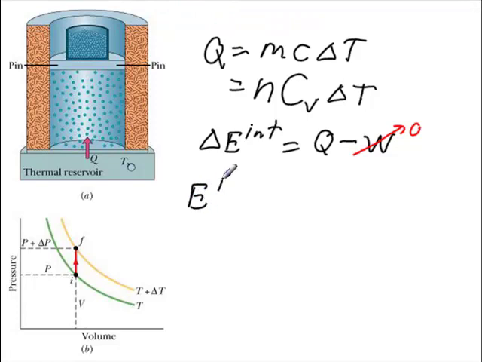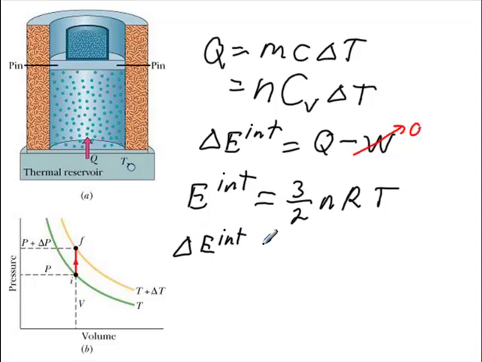The internal energy is simply equal to 3/2 n R T. Well, as I add heat, n and R aren't going to change, so the change in internal energy is simply equal to 3/2 n R delta T, and that's equal to the heat, Q.